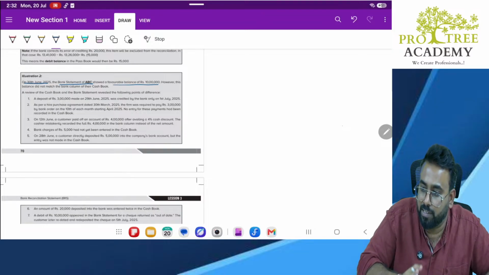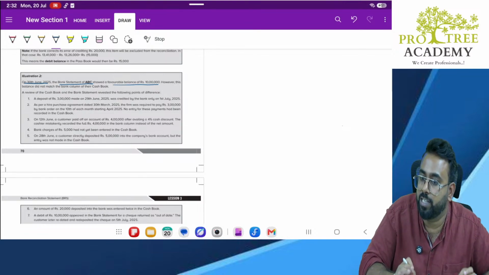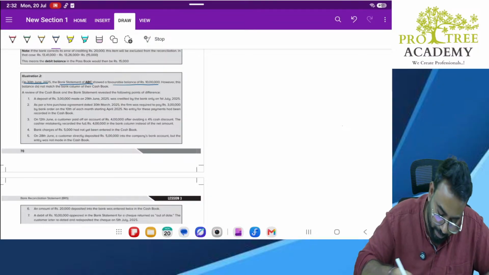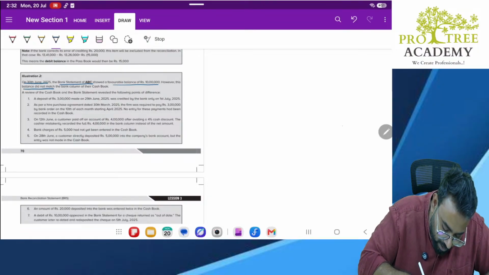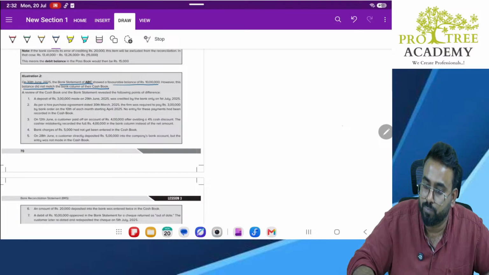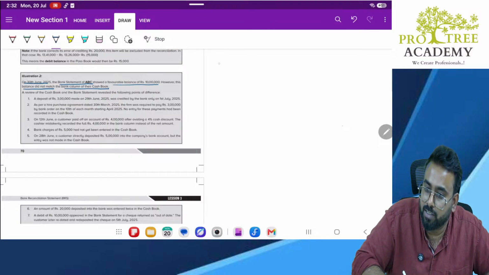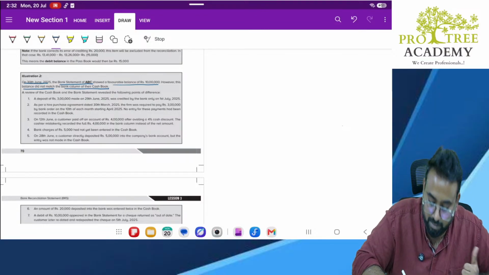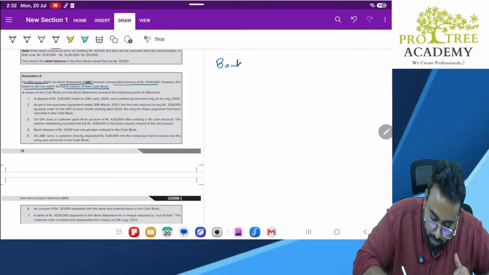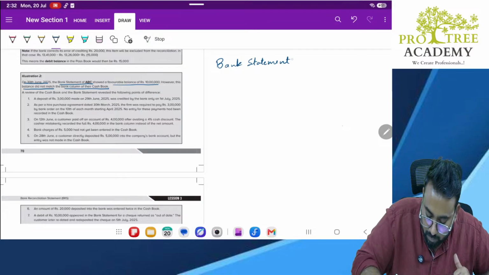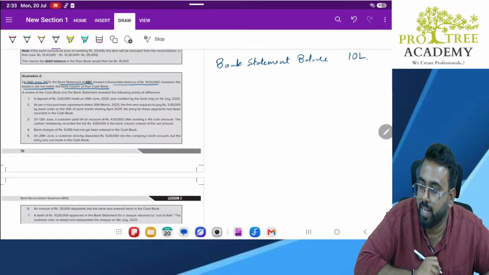Unfavorable means negative balance. When can there be a negative balance? If it is an OD account, overdraft account, correct or no? There is no overdraft information, so they have given positive. So let's assume it is a normal current account. However, the balance did not match with the bank column of their cash book. Now, are we starting from bank or are we starting from cash? Bank, correct? So how much is it? 10 lakhs, correct?